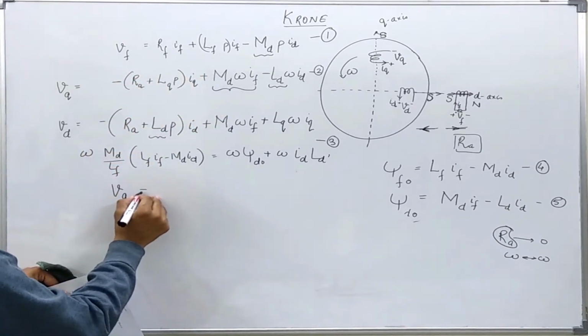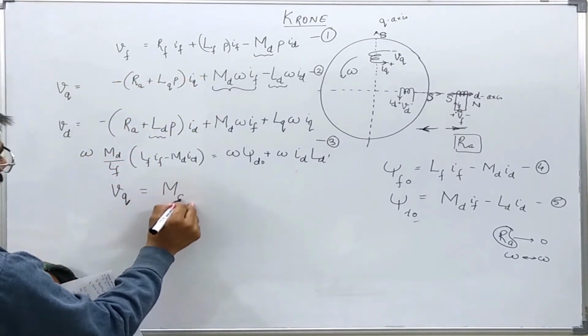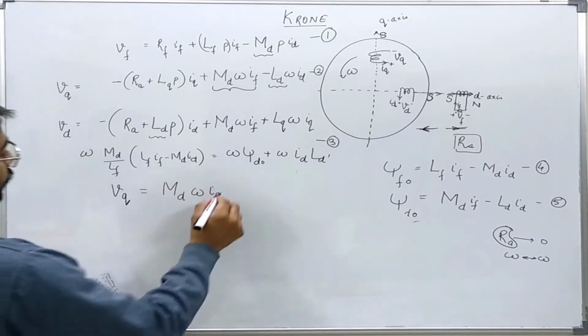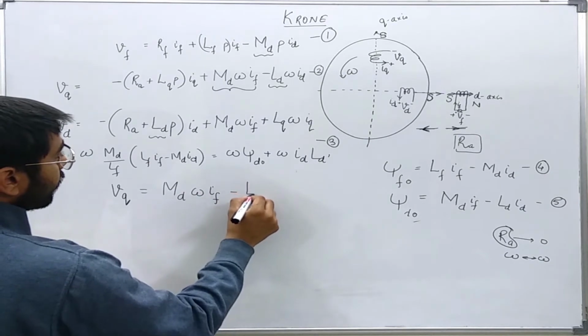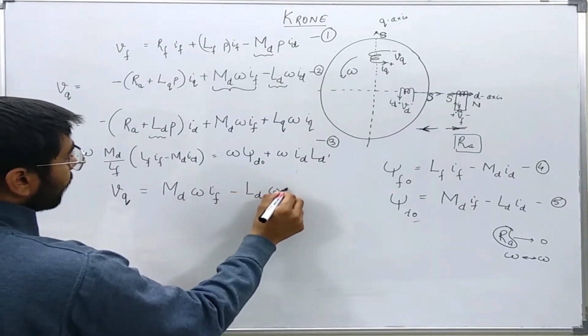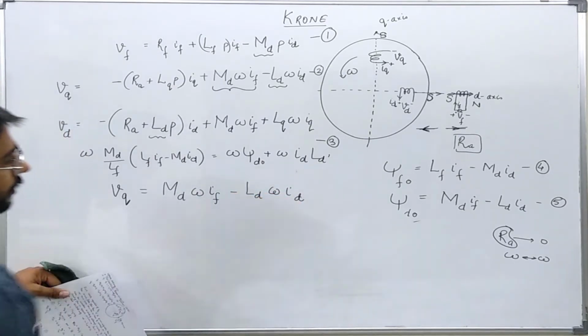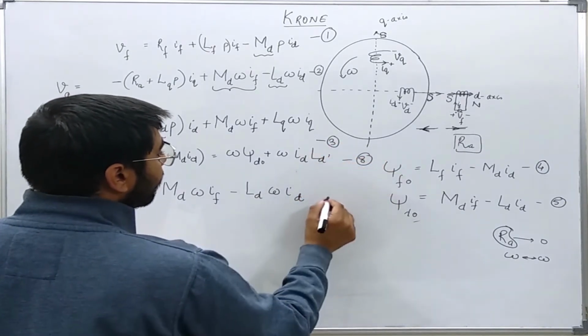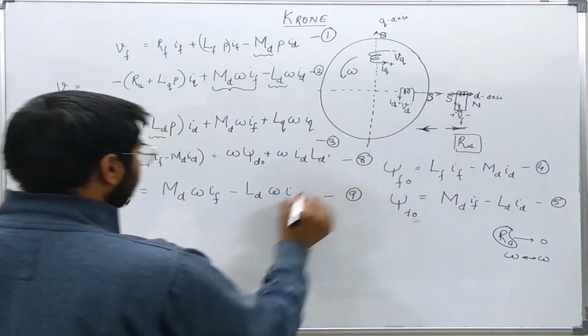So VQ will be simply MD omega IF minus LD omega ID. I will write it as equation number 8 and this one as 9.